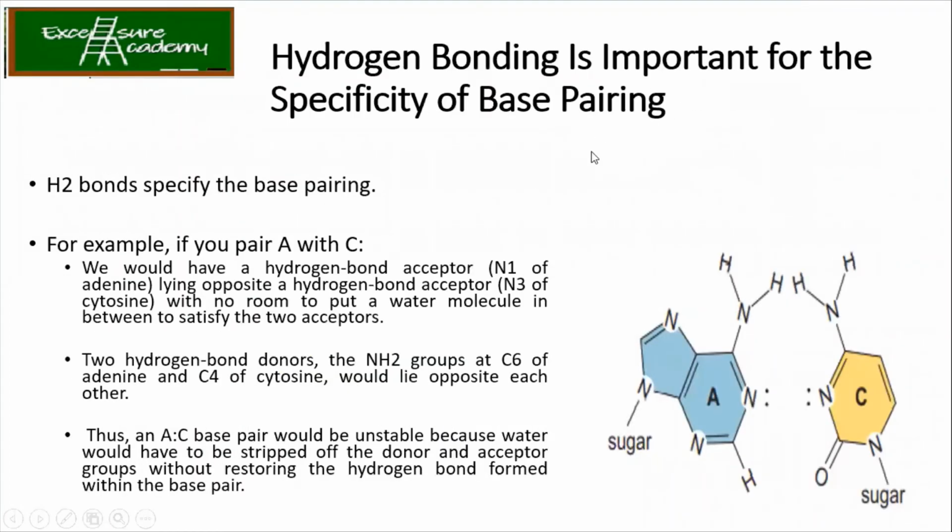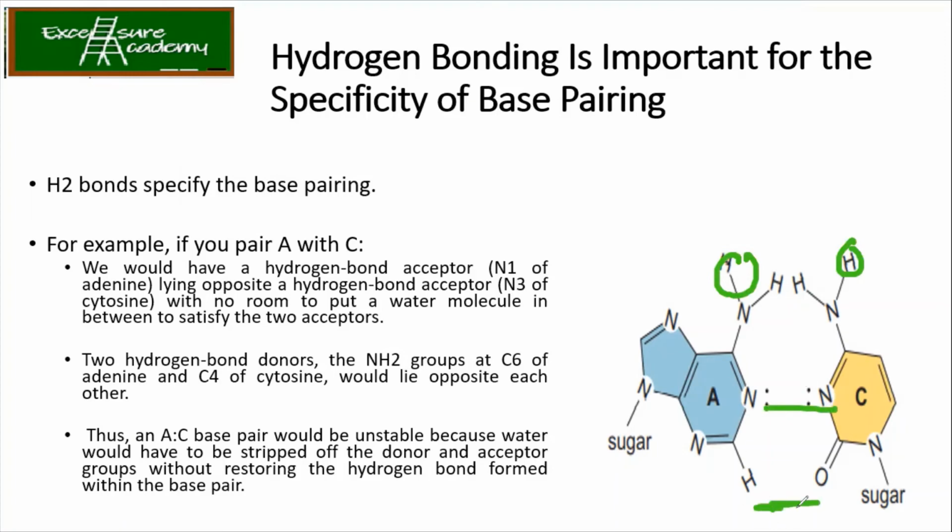Now, hydrogen bonding is important for the specificity of base pairing. This is what I was talking about: why there is no hydrogen bond formation between adenine and cytosine. What do you see in the structure? Over here, again, the hydrogen bond donors are present and here acceptors are present. So it is not possible to form the hydrogen bond, right?